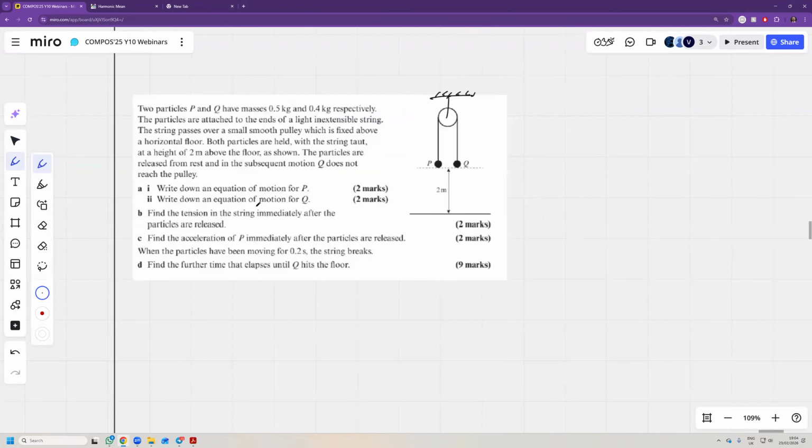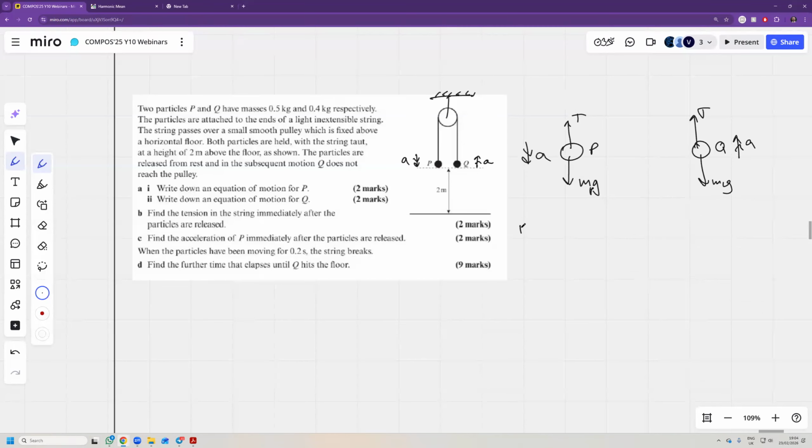All right, so P is heavier, so it accelerates down, and Q accelerates up with acceleration A. So for P, we can write down M_P g and tension. And for Q, we can write M_Q g and tension. P is accelerating down, and Q is accelerating up.